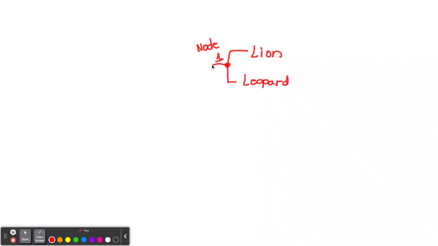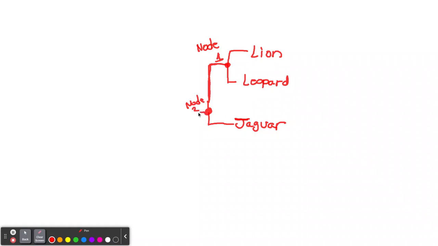Right? And then if we create another part of this tree, we can see another ancestor over here, and that branched out, let's say, into the jaguar. So the lion and leopard are more closely related than the jaguar. The jaguar is equally related to the lion and leopard because they both share a common ancestor at node 2.